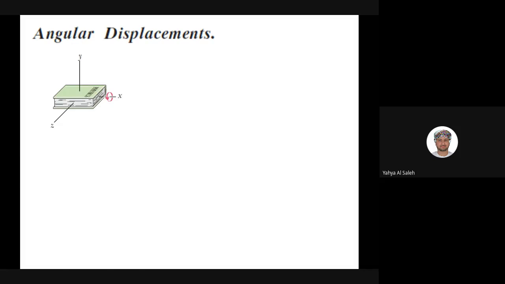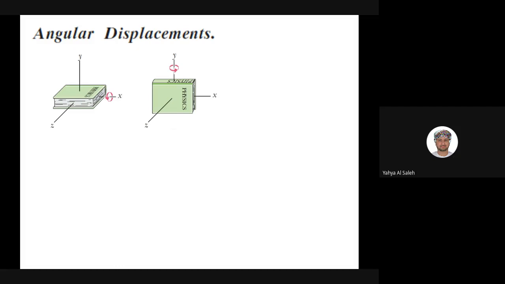Okay, I'll assume that everyone got one. Let's do something. Let's take a book and first rotate it 90 degrees along the x-axis. It will look like this.